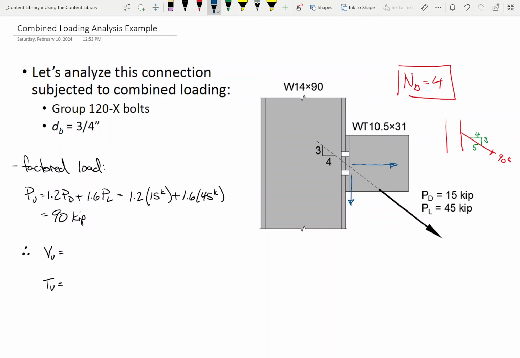Tension. I'm yanking on the bolts. Yes, this is tension. So we'll call this TU and we'll call this VU for shear. I propose that both of these are going to be PU times some fraction. What is the fraction here for VU?